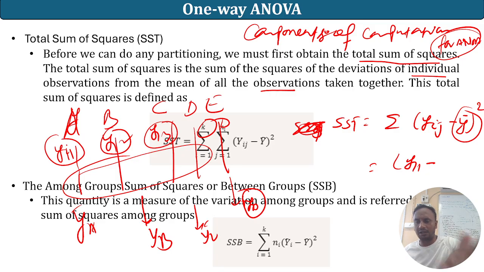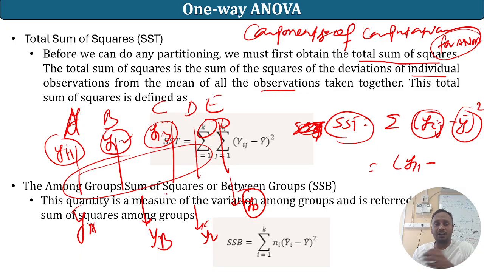We'll calculate the mean of all samples. We'll solve some examples on that. So this y bar is the mean of all samples. Then we'll calculate the SST, the total sum of squares. Second, we have the SSB.